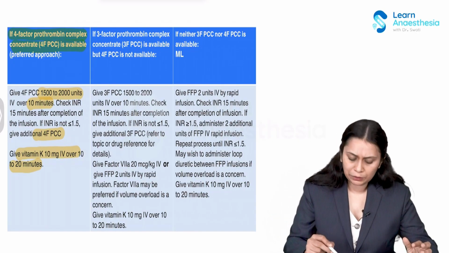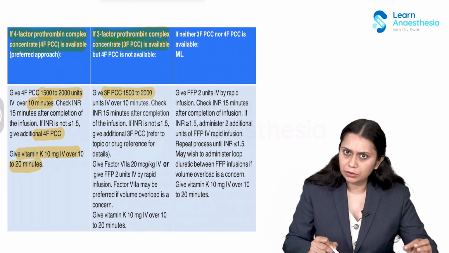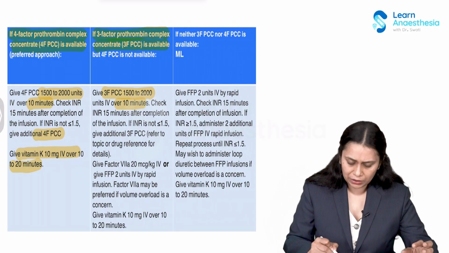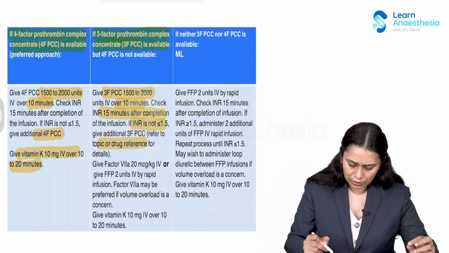If this is not available, and 3-factor prothrombin complex concentrate is available, then we give 1500 to 2000 units over 10 minutes. Check INR 15 minutes after completion of the infusion. If INR is not less than 1.5, same, we repeat the dose.